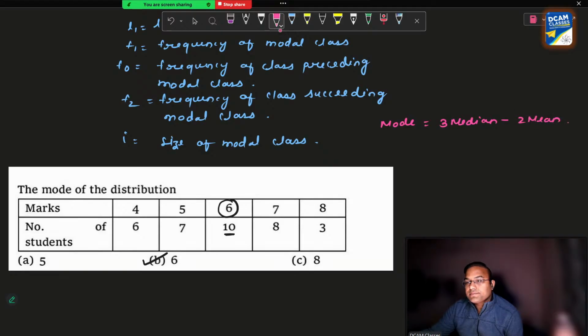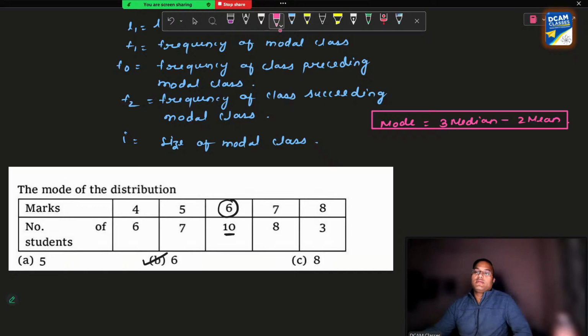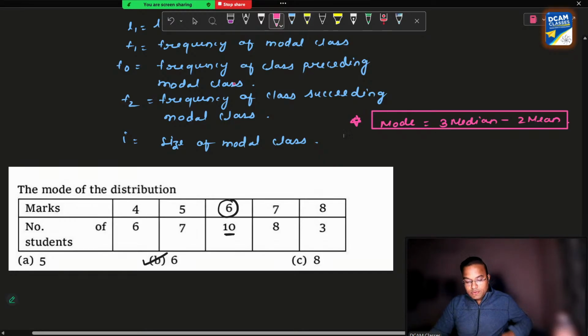If you have found the value of mean in some question, and you know the median also, you can find the mode using this relation. That's sometimes useful. Actually, it's easier to find median from this.